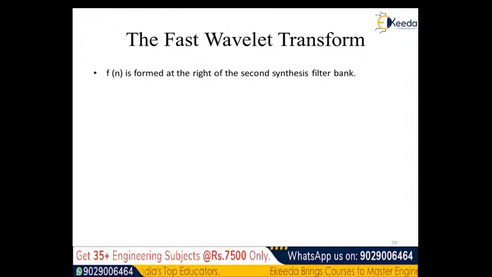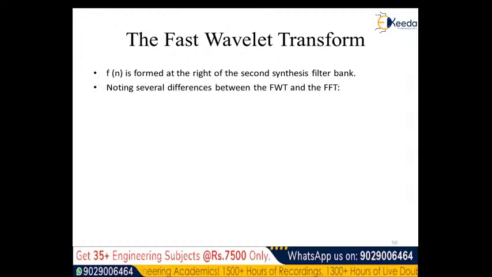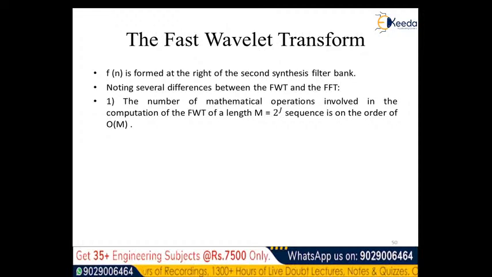Now we can note several differences between the forward fast wavelet transformation and the forward fast Fourier transformation. I would like to point out first that the number of mathematical operations involved in the computation of the fast wavelet transform of a sequence of length M equal to 2^J is on the order of O(M).